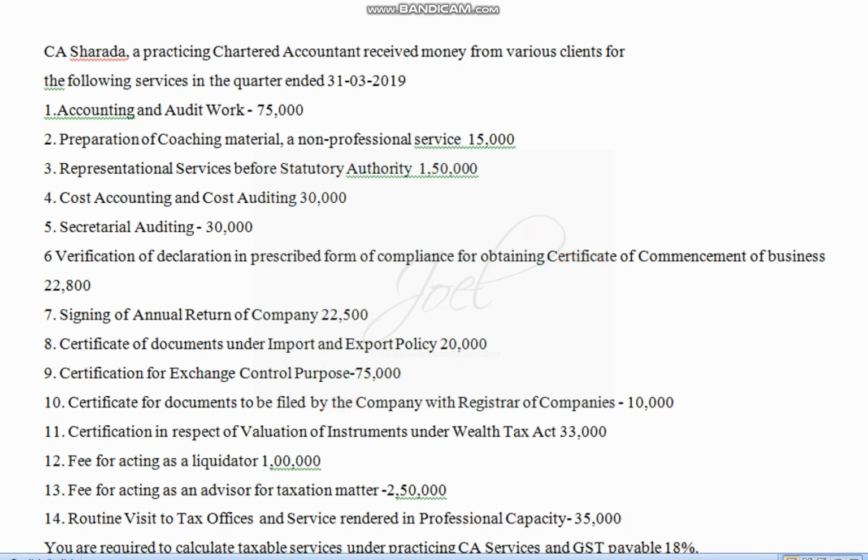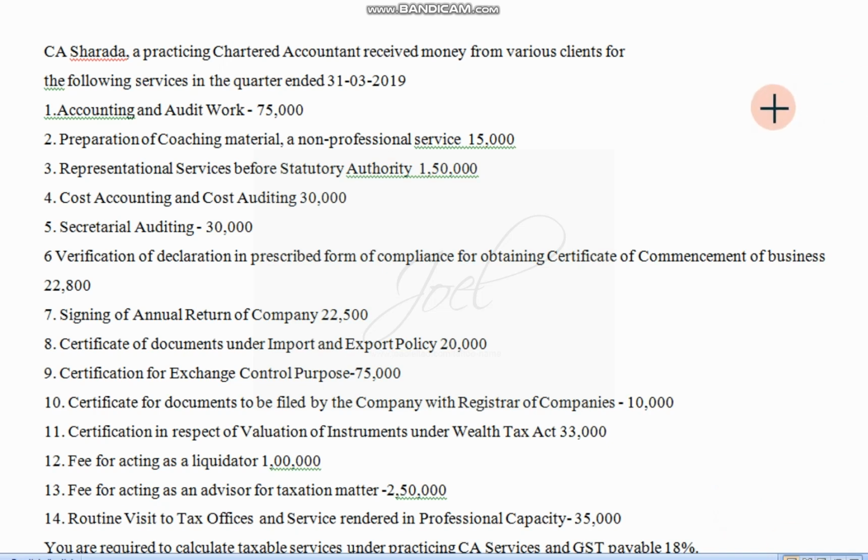See, again GST payable is given at 18%, but services are given to whom? To whom those services are given, we don't have a clear picture. So that's why what we are going to consider is these services are given within one particular territory, that is one particular state, and we are calculating SGST and CGST.